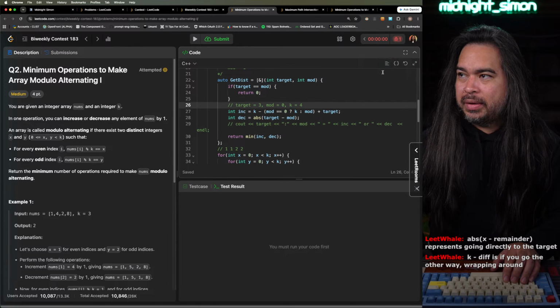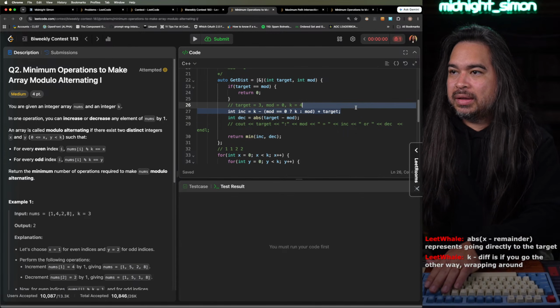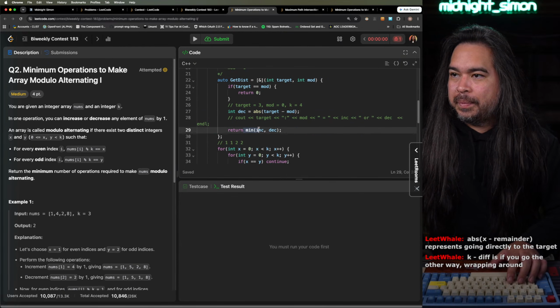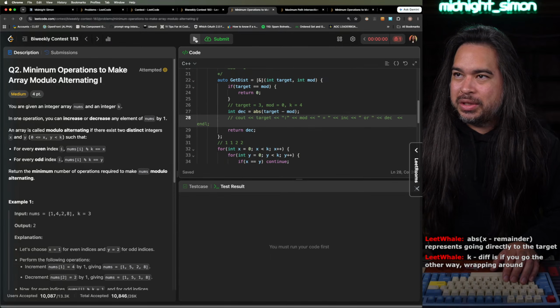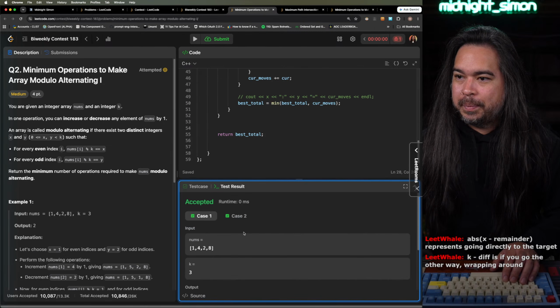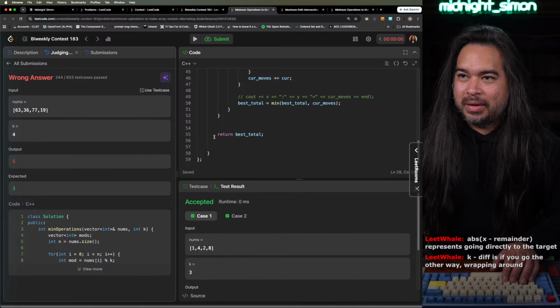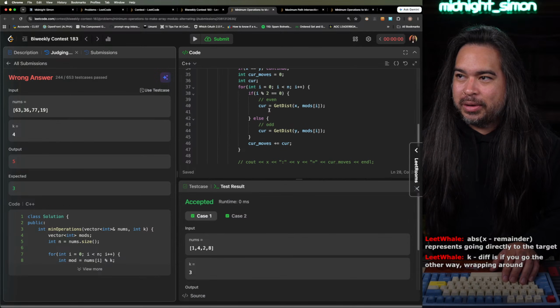But wait, it doesn't really matter increasing or decreasing, right? Because they're just gonna be the same. Oh, is my time up? Wait. Alright, I probably got some other bugs.